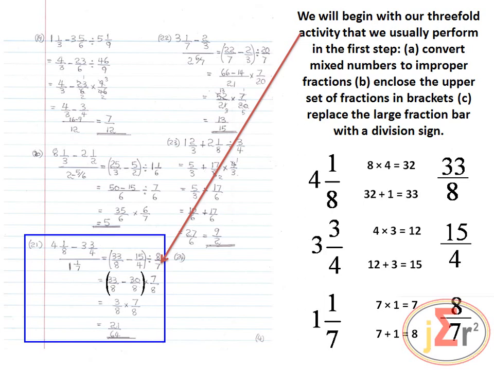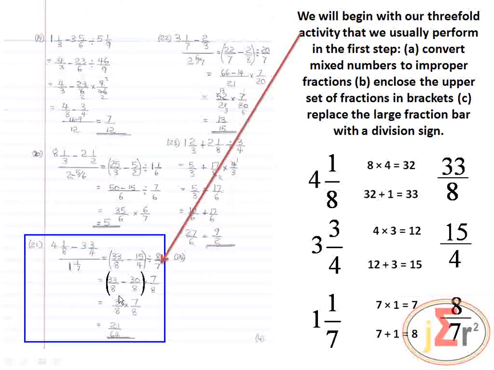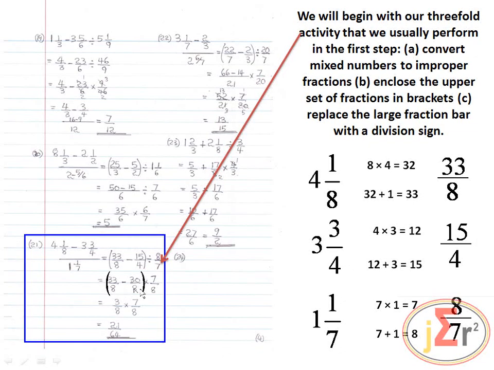So what I've done is I have created 2 brackets when I was doing the slides and just inserted them right there so that we will have the correct thing, because without the brackets it means that we are multiplying the 33 over 8 by 7 over 8, which is not what is intended in the statement of the problem. It is intended that we perform these operations first. So they should be enclosed in brackets until we have performed them, then we can eliminate those brackets.